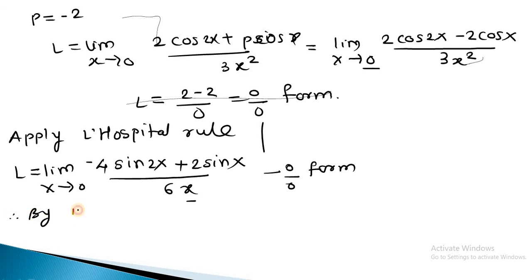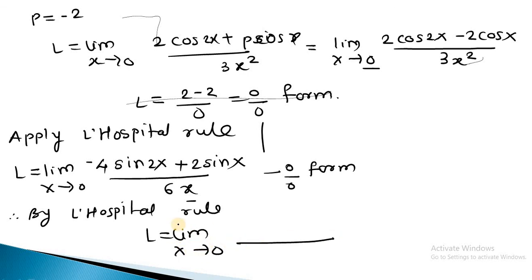So by L'Hospital rule again, L is equal to limit as x tends to 0. Derivative of numerator: minus 4 sin 2x gives minus 8 cos 2x, plus 2 sin x gives 2 cos x, divided by 6.